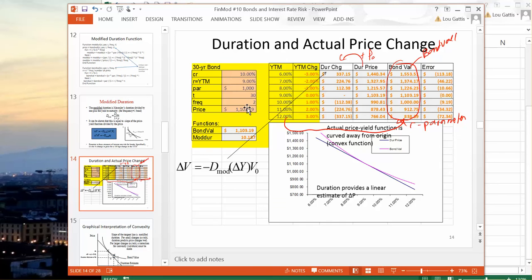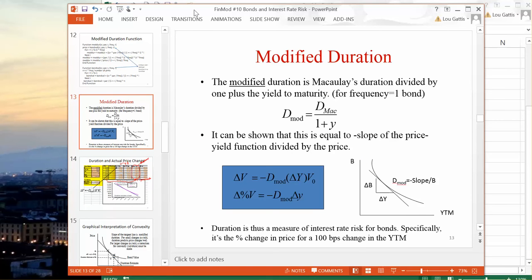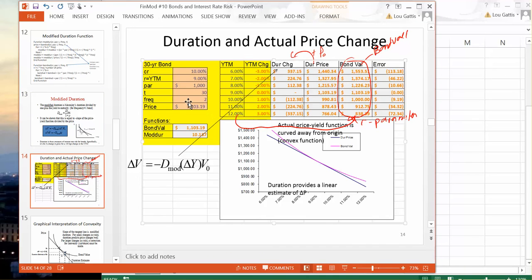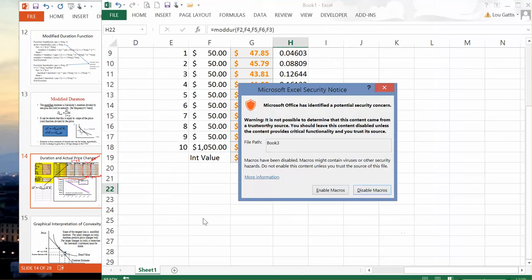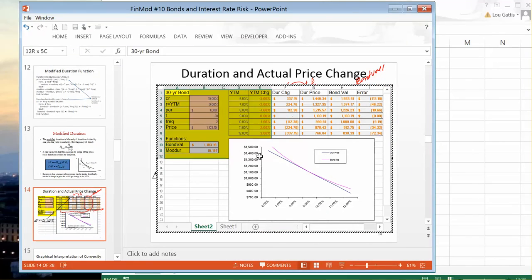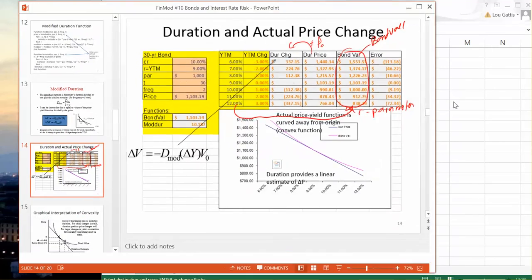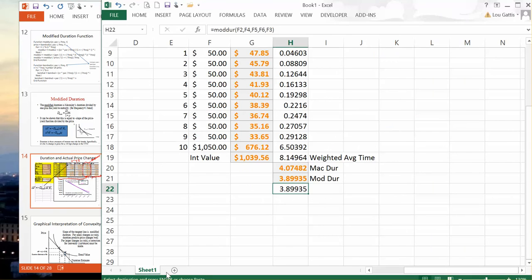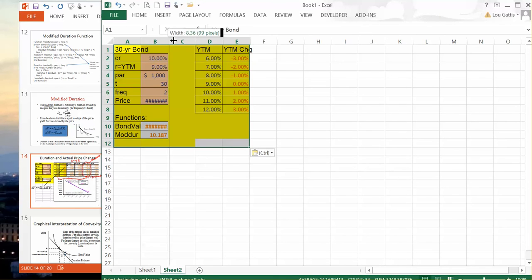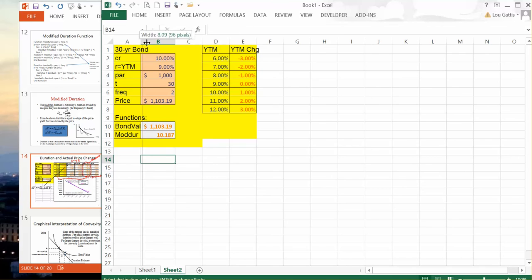So let's do a little exercise using that concept. I'm going to grab this data here in yellow and put it in a new worksheet. Same workbook, so I'm going to use those functions, bond val and duration.